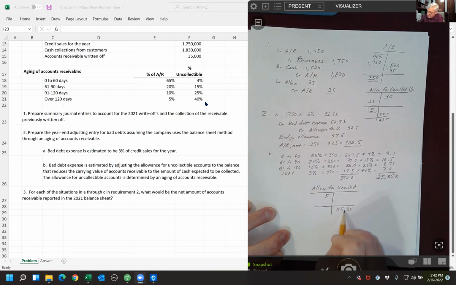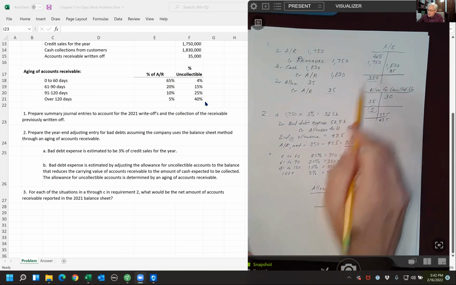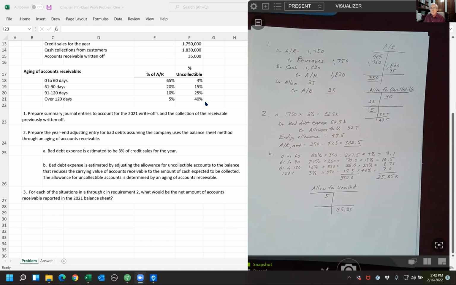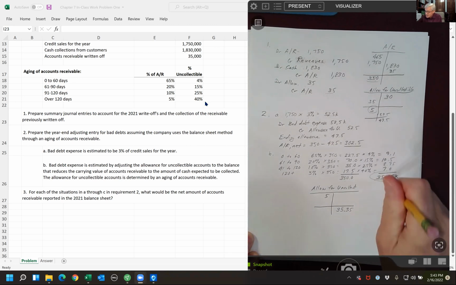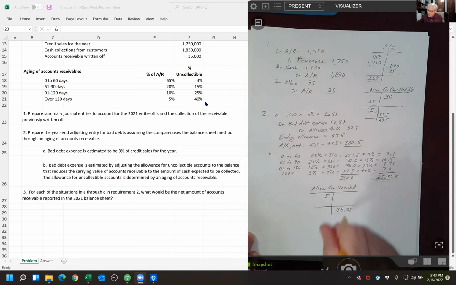In other words, we've calculated out how much of our 350,000 will not be collected based on our best estimate, based on very, very educated guess, based on knowledge and data around our receivables. We get to this amount is our best estimate of what will not be collected. So that is what needs to end up on the allowance for uncollectible accounts.